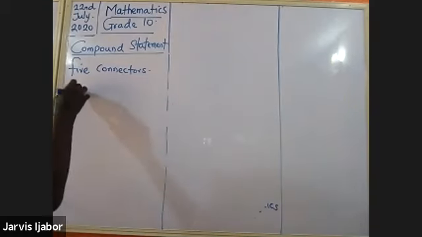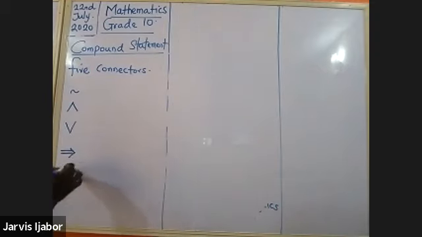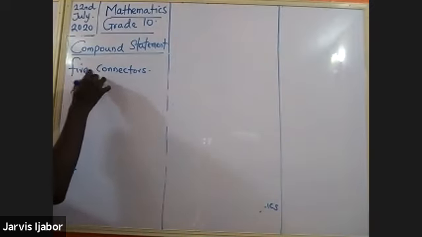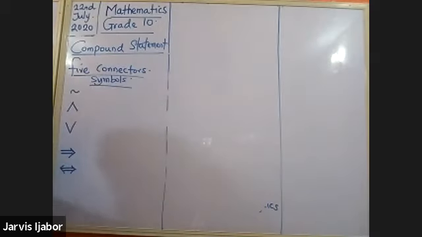There's one like this, one like this, another like this, and another like this. So these are 5 connector symbols you must know to be able to deal with compound statements in logical reasoning.